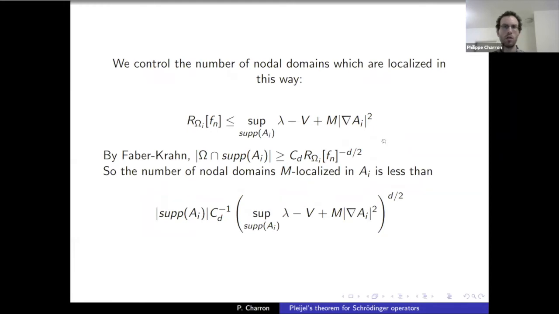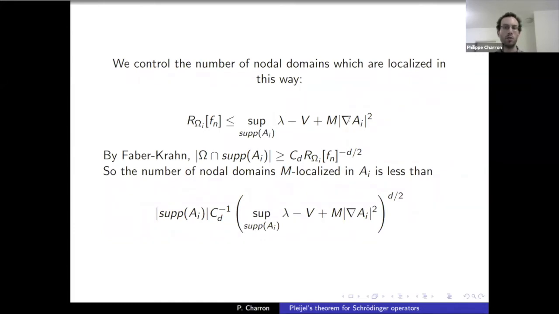Now, because on this lambda, which you cut with AI, you can apply Faber-Krahn, what it tells you is that the volume of omega that's inside the support is less than some constant, which I'm not going to put explicitly, but it's the Faber-Krahn constant, times the Rayleigh quotient to the minus d over 2.